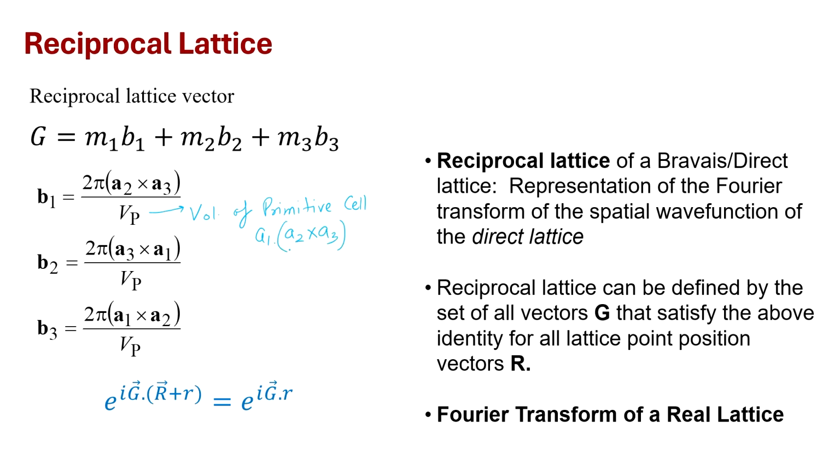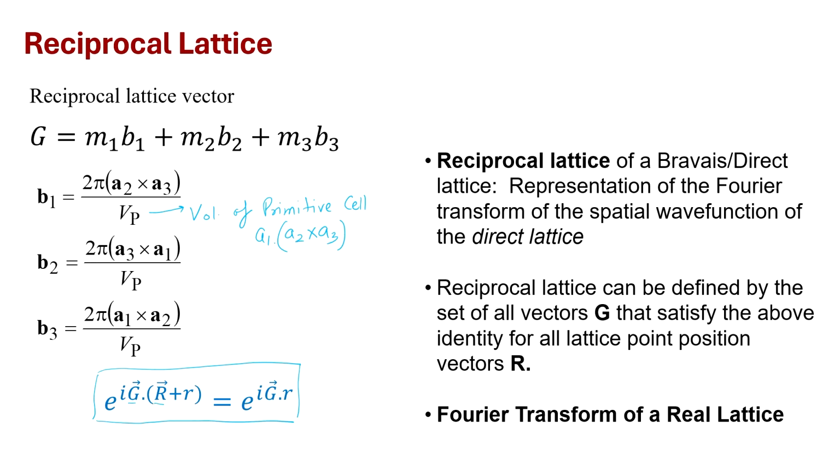B2 is 2 pi A3 cross A1 divided by Vp, and B3 is 2 pi A1 cross A2 divided by Vp. And by the periodicity of the lattice, this relation should always uphold, that is e to the power i G dot (r + R) is equal to e to the power i G dot r, because G is perpendicular to R. As a result, e to the power i G dot R will be equal to 1.